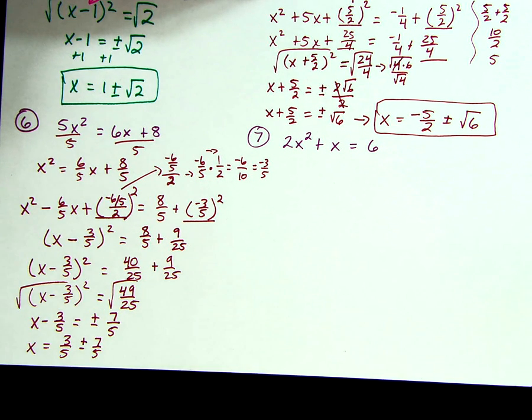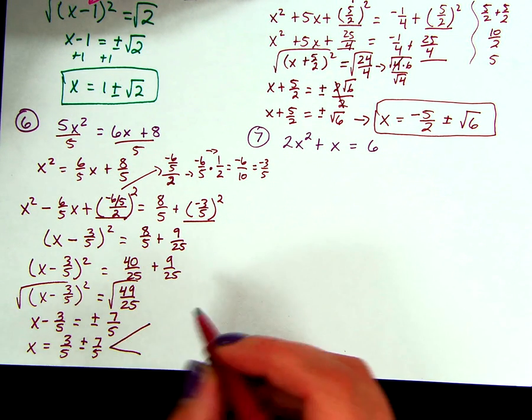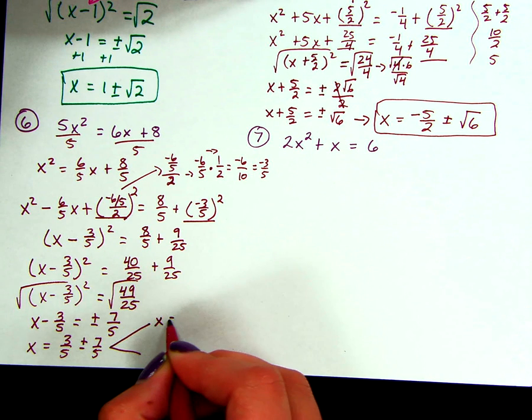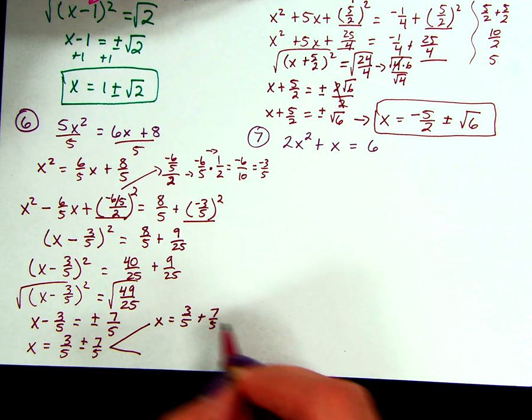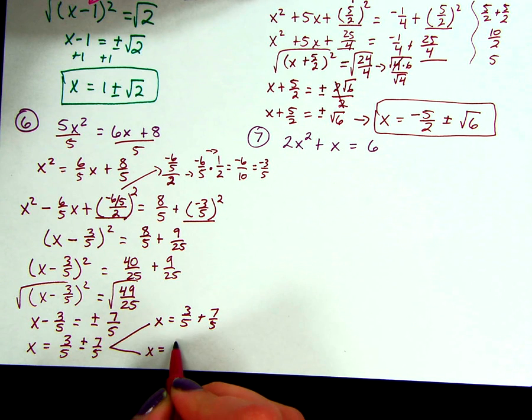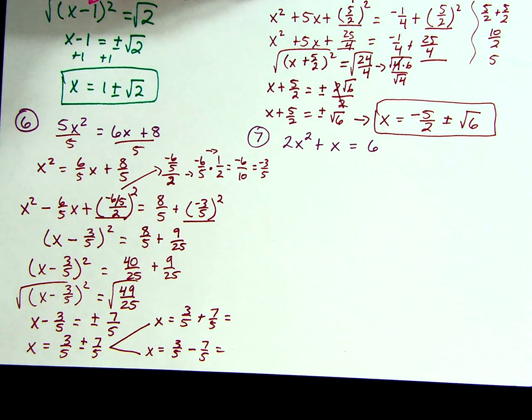Now, because I don't have a radical, that means I have to continue simplifying. Remember, we are really solving two different problems. We have x equals 3/5 plus 7/5, and we have x equals 3/5 minus 7/5. We're just going to simplify that. They already have a common denominator, so I can just combine the tops.